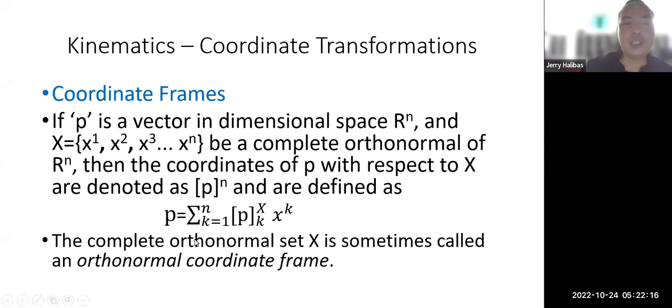So the complete orthonormal set X is sometimes called orthonormal coordinate frame. Okay? So that's why makakita mo term sa laboratory, no, ng reference frame. So actually, we're not just dealing with a basic coordinate, but rather it's a frame. Gina-frame siya.